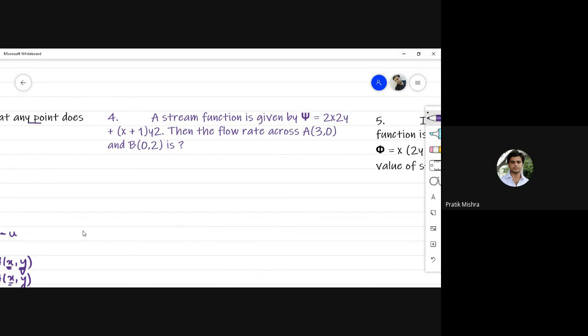Next, you are given a stream function and you need to calculate the rate of flow. Rate of flow, we know, is discharge.